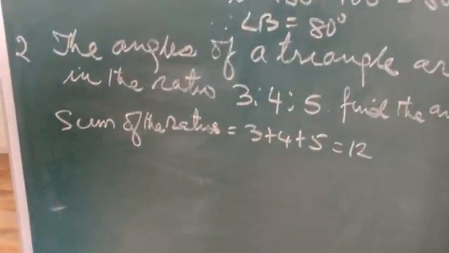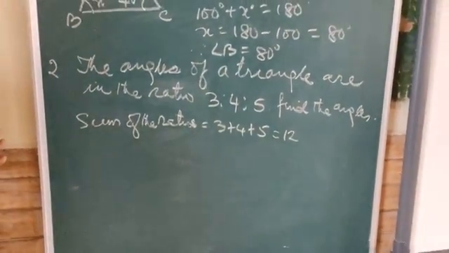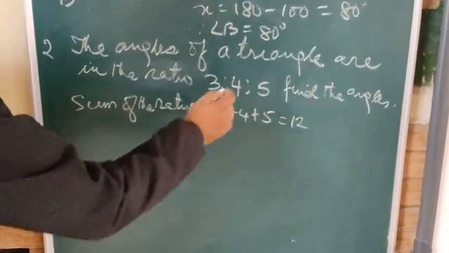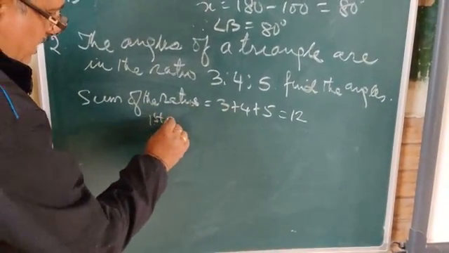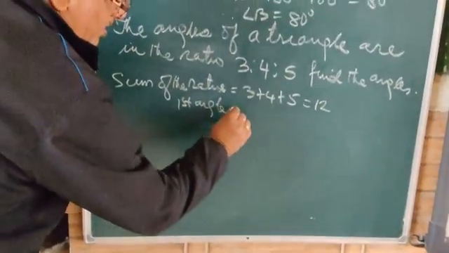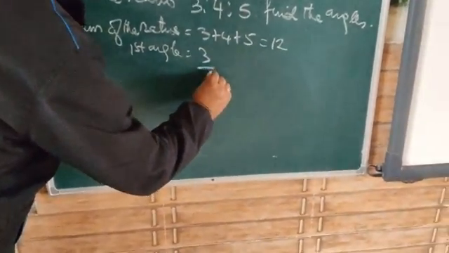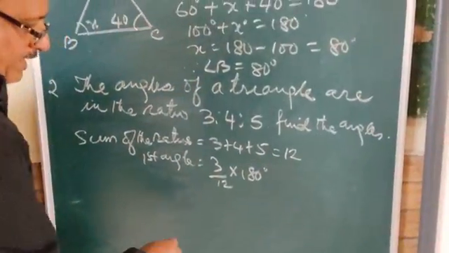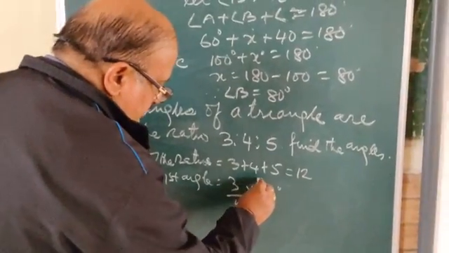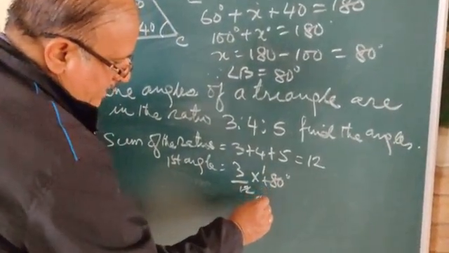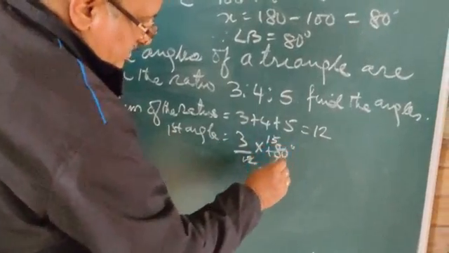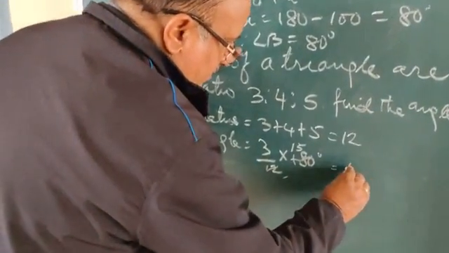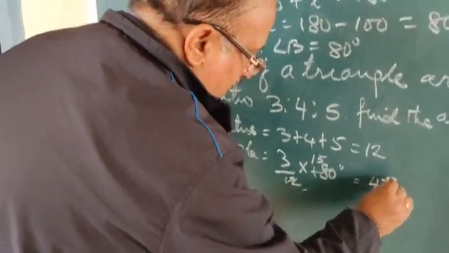We know that the sum of the angles of a triangle is 180 degree. Therefore, the first angle is equal to 3 by 12 into 180. 12 ones are 12, 12 fives are 60, so it will become 45 degree.